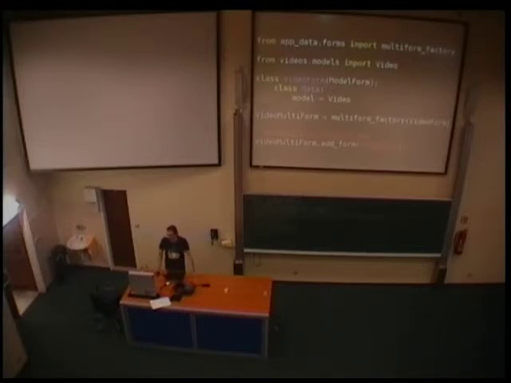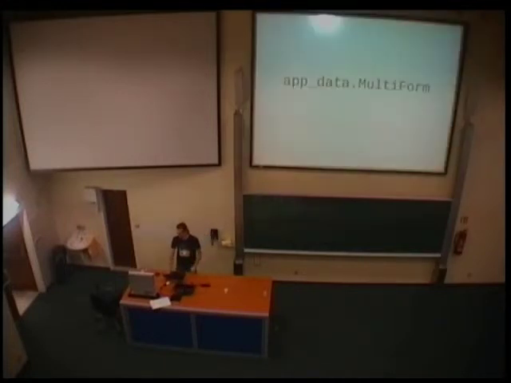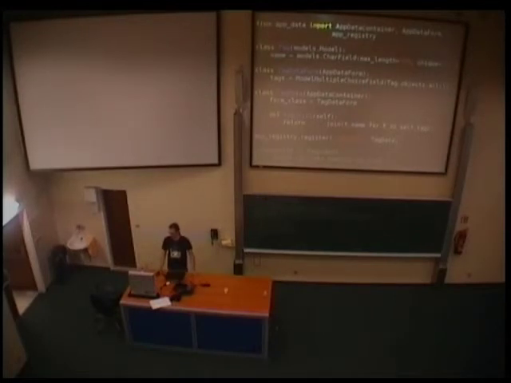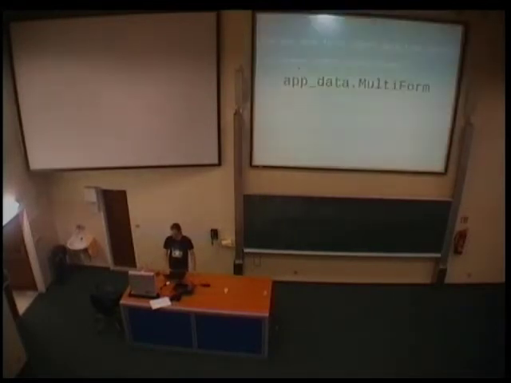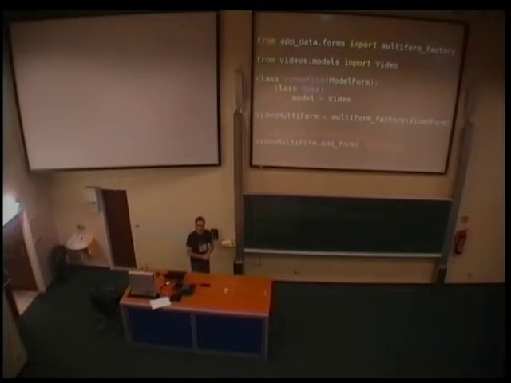I create the multiform, and now in the taggings app, I can come in and say, take this multiform and add the tagging form to it myself. So the form we saw will be injected into all the forms that deal with video.